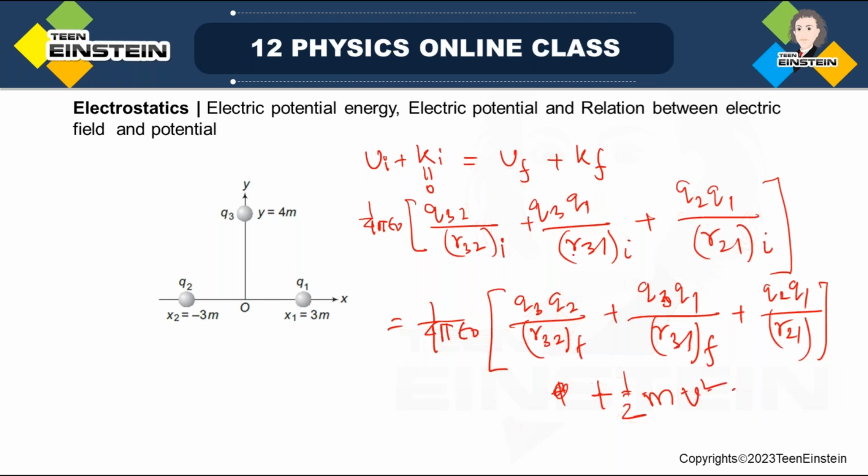Okay, so this is the law of conservation of energy I have written for both sides.